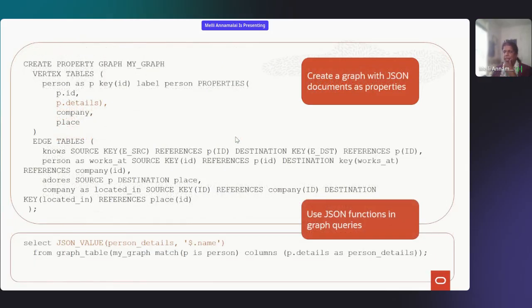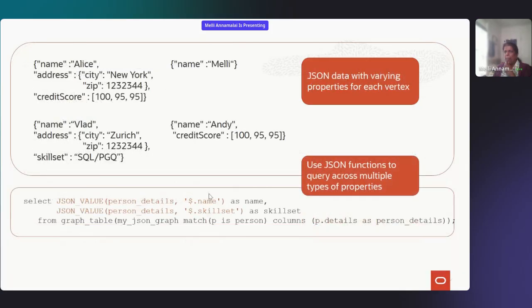And I have one more detail coming up. All right, here at the bottom, you're selecting a JSON value and you are finding the key value pair, the value associated with the key name. So I'm taking results from a graph and then using the JSON value function to parse it. And I can do all of those things right where the source of the data is.